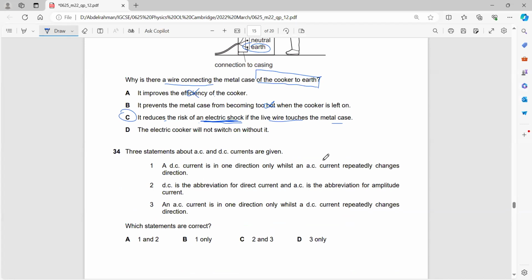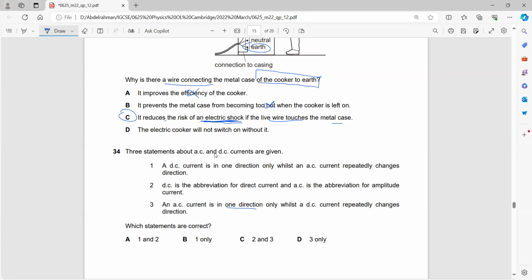Good. Question 34. Three statements about AC and DC currents are given. A DC current is one direction. AC current repeatedly changes. DC is the abbreviation for direct, and AC is the abbreviation for amplitude current. AC is one direction, and DC repeatedly changes. Which of these would be correct? An AC current is one direction?